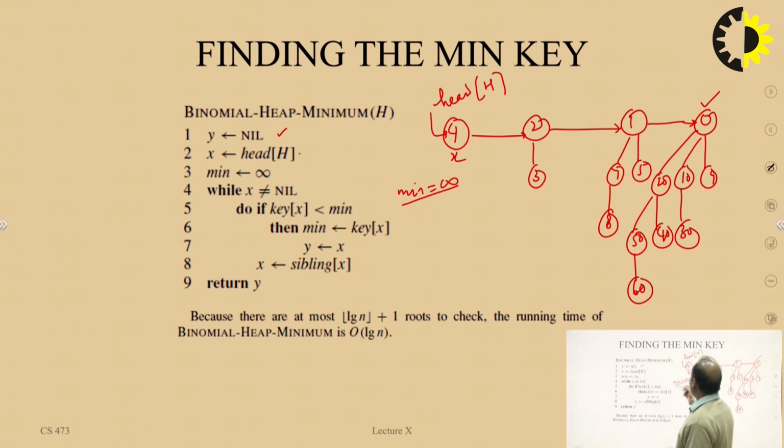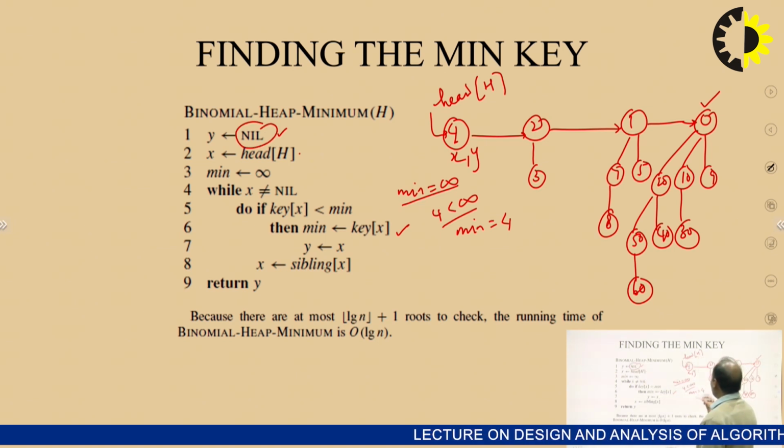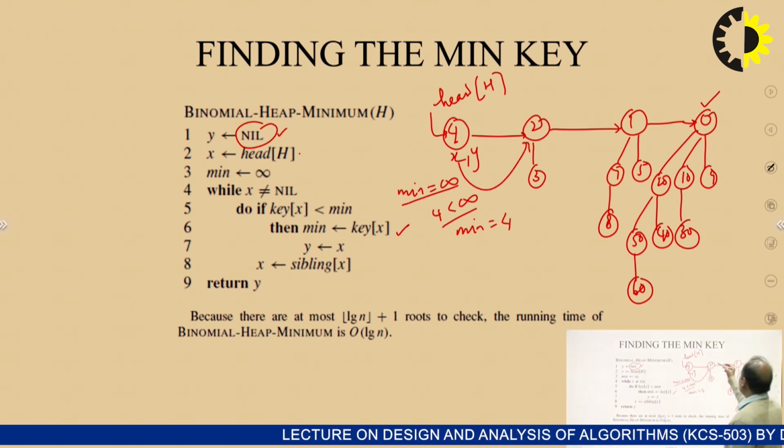While X is not nil: key of X is 4, and 4 is less than infinity, so now the minimum is 4. Y was nil initially, Y now points here, and X is moved to the sibling of X.